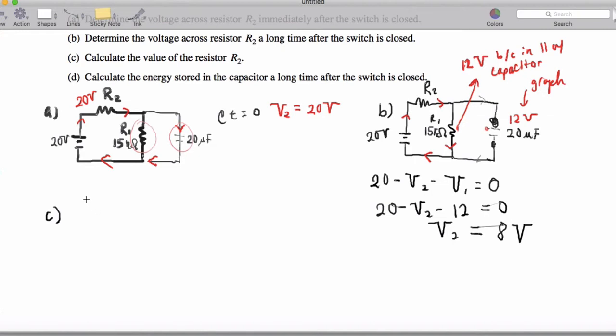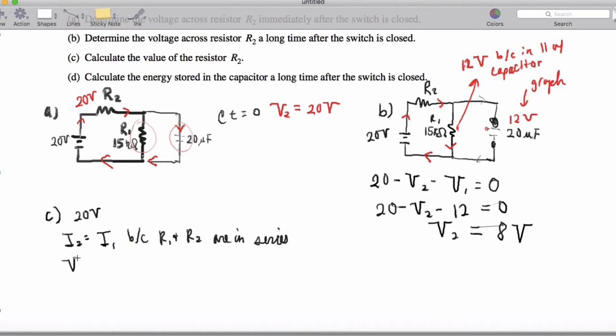So here's what we know. We know that there is 20 volts total in the circuit. We also know the current through R2 equals the current through R1 because they're in series. What else can we say?